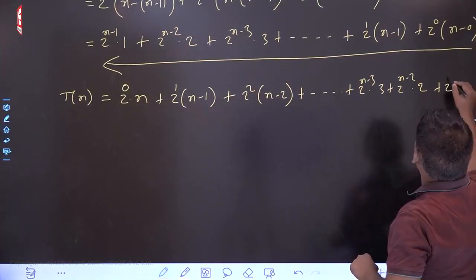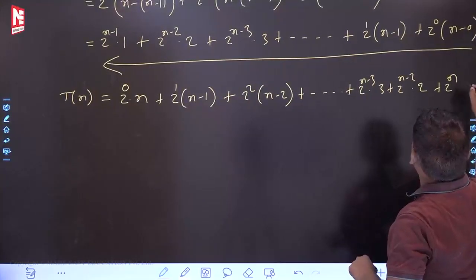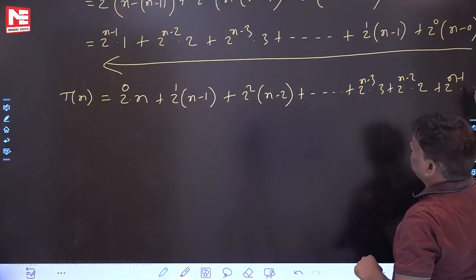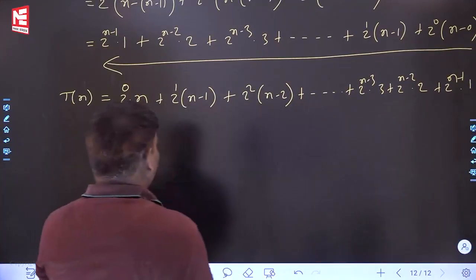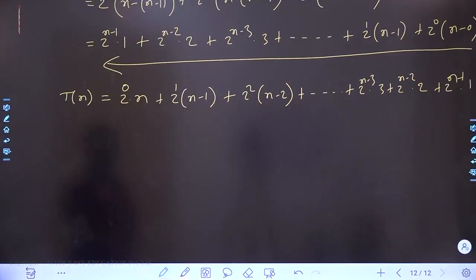Next one, 2 power n minus 1 into 1, like this. Check here. 2 power 0, I wrote in reverse order, I have not done anything else. Tn is equal to 2 power 0 into n, 2 power 1 into n minus 1, 2 square into n minus 2, and so on. 2 power n minus 3 into 3, 2 power n minus 2 into 2, 2 power n minus 1 into 1, right, this is the Tn.